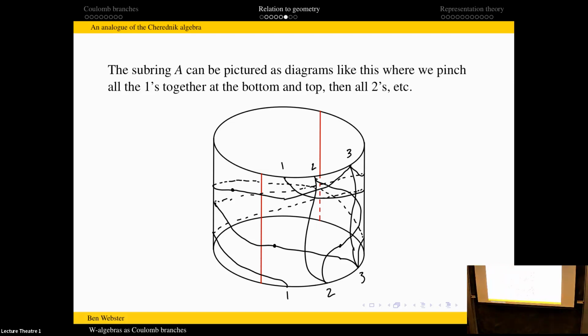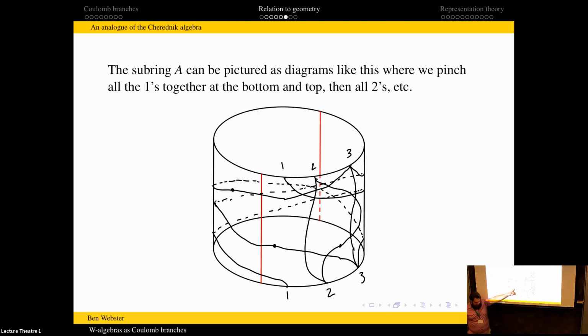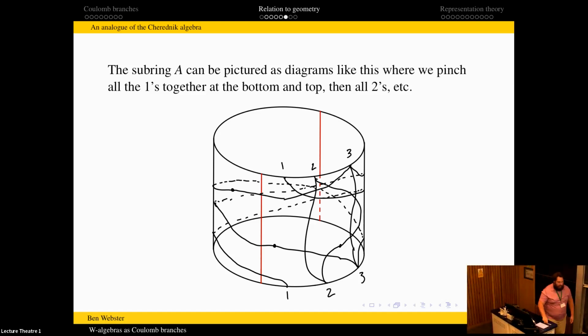Let me not try to write the relations for the deformed version, but I'll just say the center of the W algebra comes from adding in dots on the red strands as well. The red strands correspond to the center of the W algebra, and dots on those let you keep track of those guys.